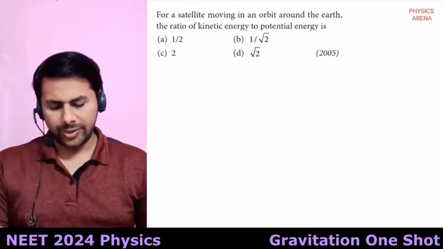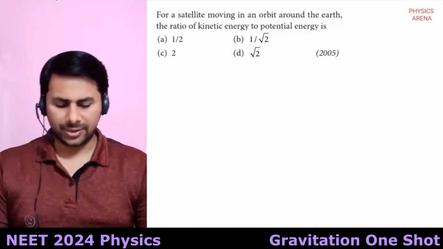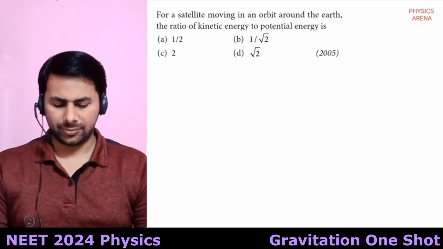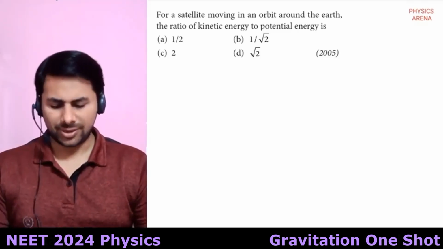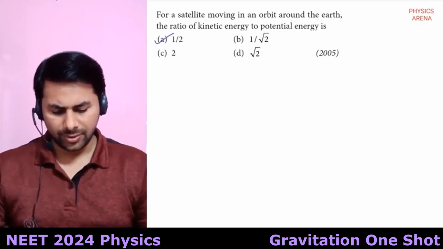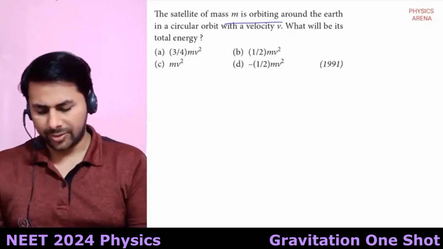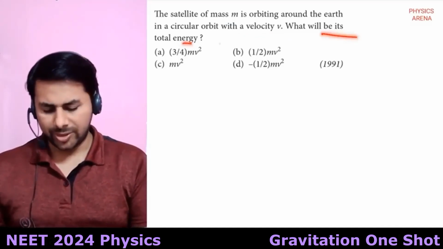For a satellite moving in an orbit around Earth, the ratio of kinetic energy to potential energy is? Tell me. Right, option A. When a satellite of mass m is orbiting around Earth in a circular orbit with velocity v, what will be its total energy?